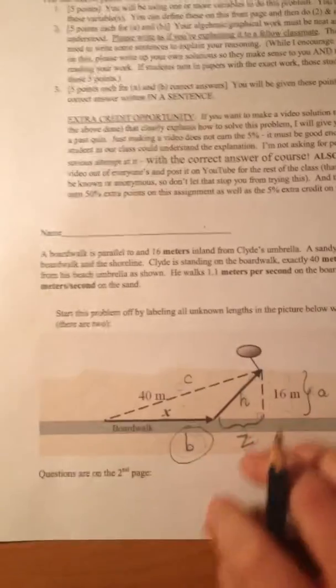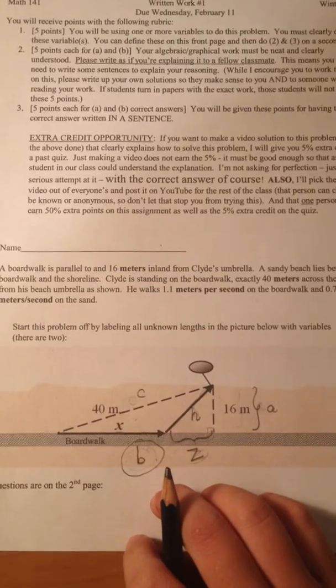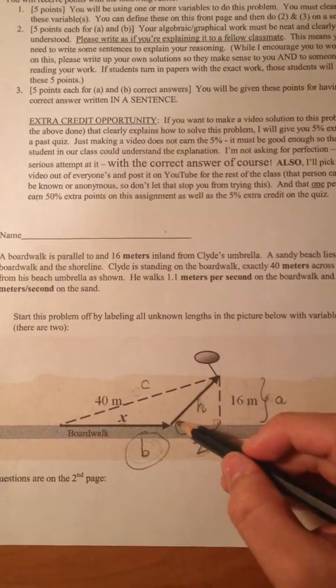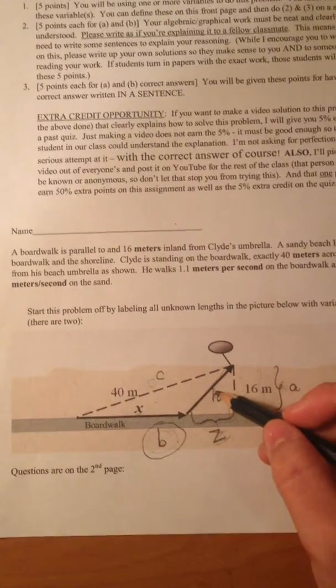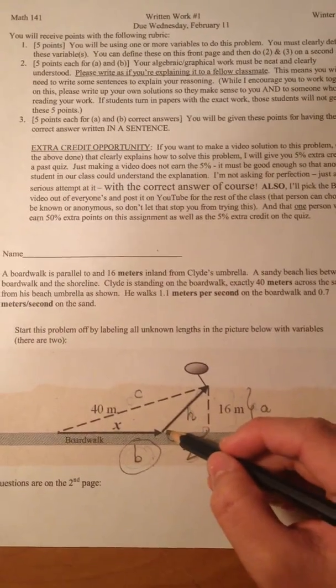So we got B, and now the thing we need to find, I'm going to name H, and we want to solve for H to find the time needed to walk from here to here.